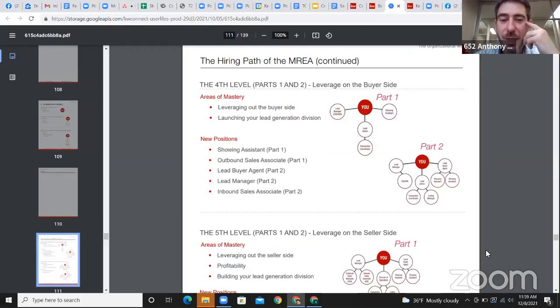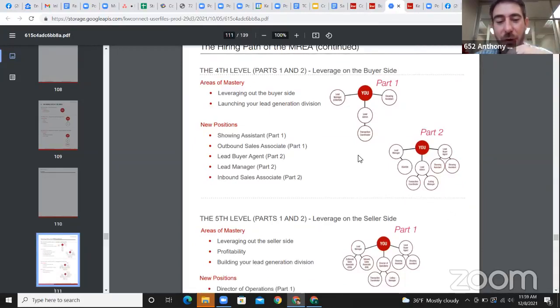Well, and when I look at this, this is where I'll start talking forever, so I'll glaze over it, and not just because we're short on time; we're going to dive into this later. You'll notice that level 4 says leverage buyer side, and level 5 says leverage seller side.